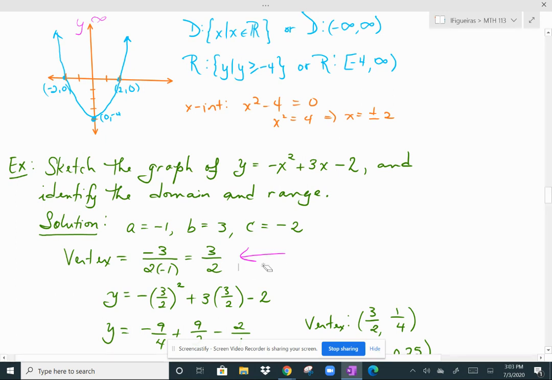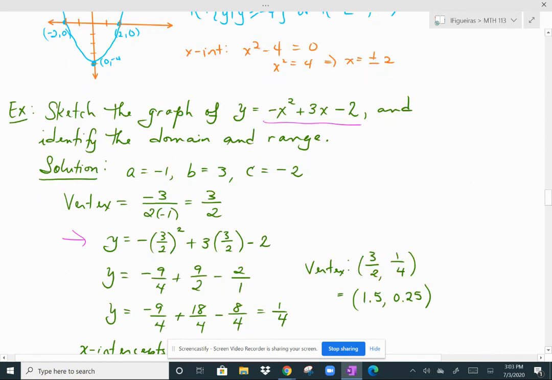Then you take your x value and you plug it into your function. So you're going to get -(3/2) squared plus 3 times 3/2 minus 2. So we're plugging it into this. When you square the 3/2 and take the opposite sign, you get -9/4. Here, when you multiply these two, you get 9/2, then minus 2.